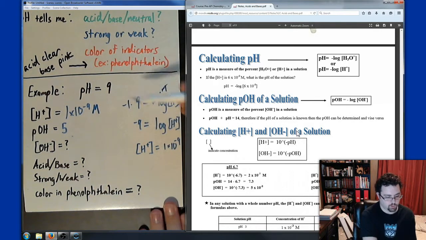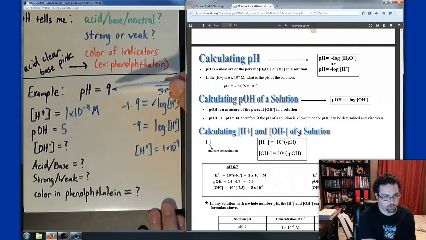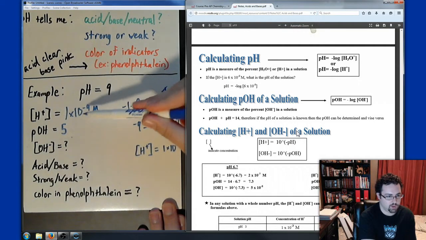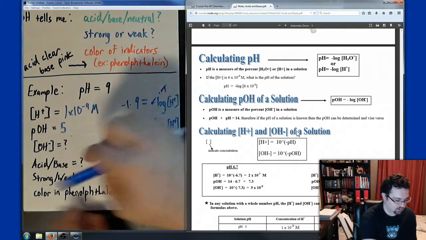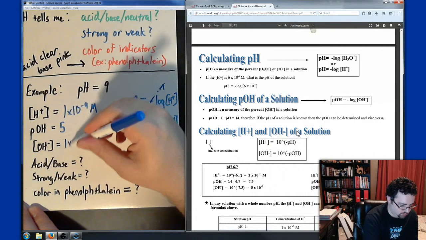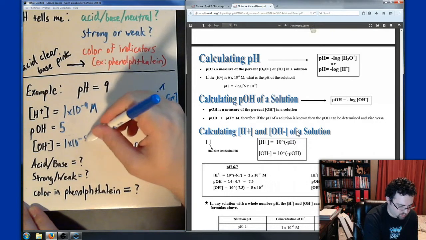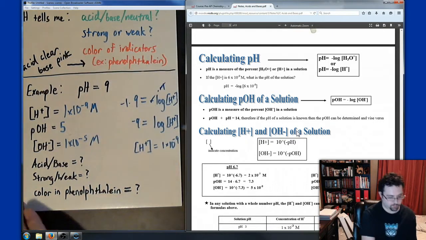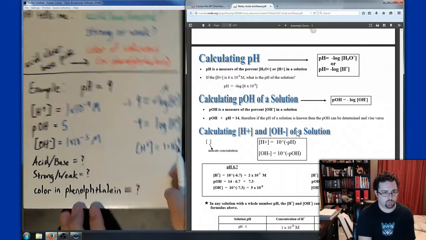Whenever it's a whole number, it's just going to be 1 times 10 to the negative whatever that whole number is for the concentration. So with the 5 here, we know that the OH concentration is going to be 1 times 10 to the -5 molarity.